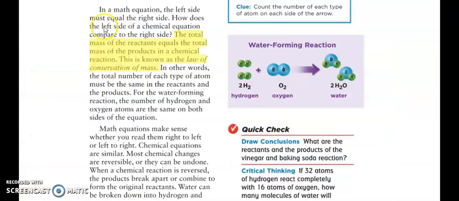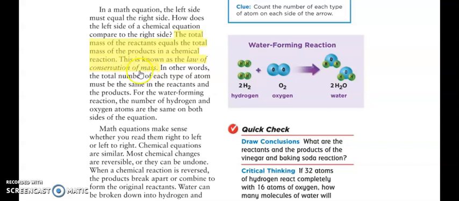Okay guys, in a math equation, the left side must equal the right side. How does the left side of a chemical equation compare to the right side? The total mass of the reactants equals the total mass of the products in a chemical reaction. This is known as the law of conservation of mass.